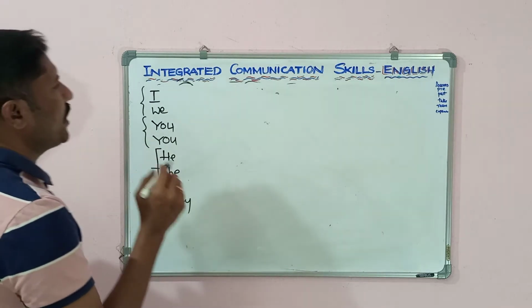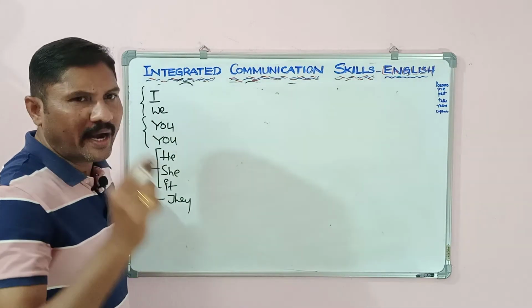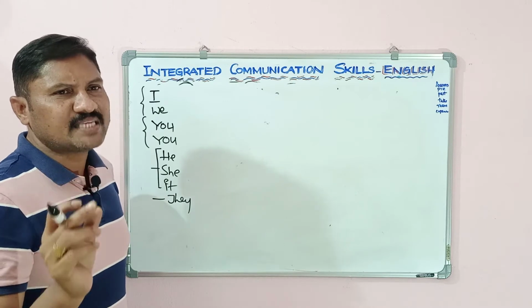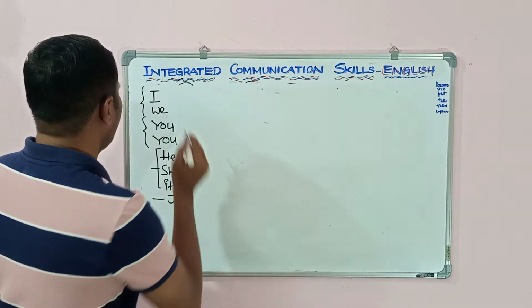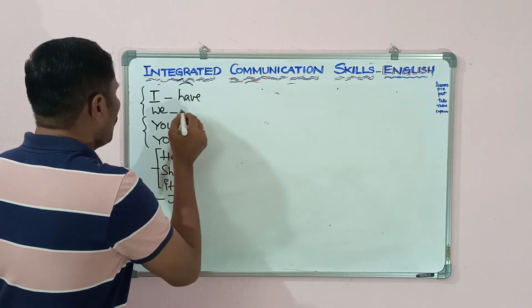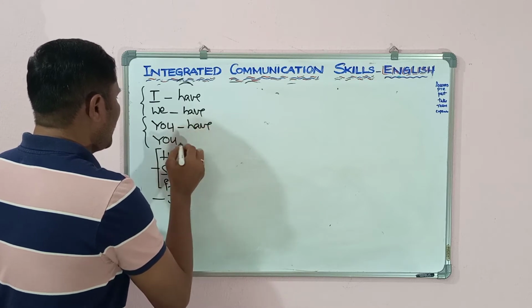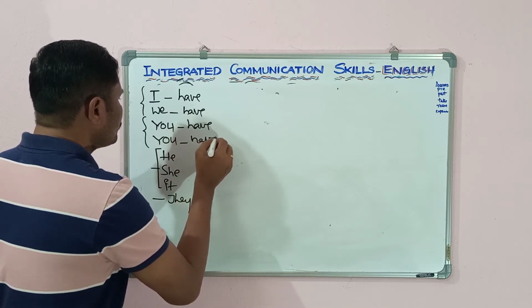So how do we use have, has and had? Have and has are present forms of have. So we can use I have, we have, you have, you have.